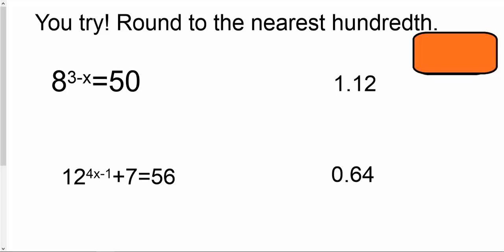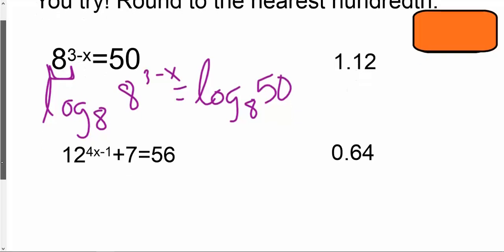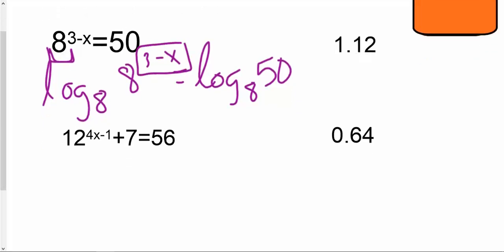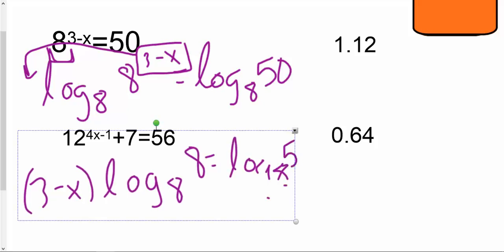So the first thing we want to do here is see this 8. We'll take log base 8. So log base 8 of 8 to the 3 minus x equals log base 8 of 50. We're going to bring this around the outside. And now we have 3 minus x times log base 8 of 8 equals log base 8 of 50.